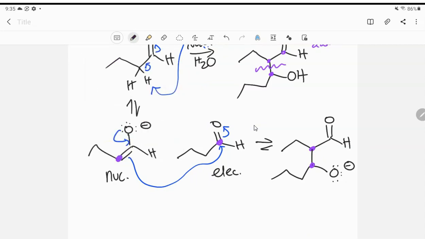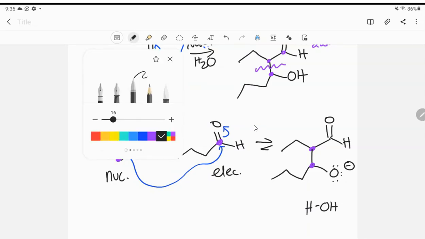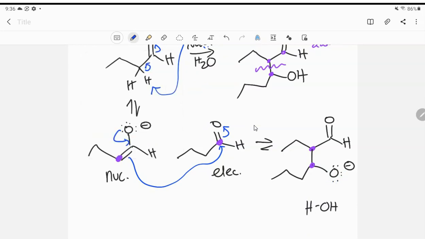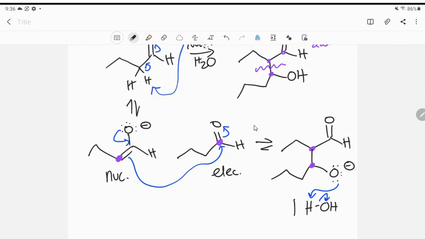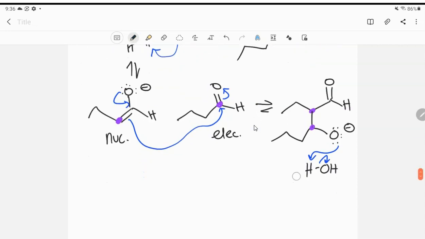We have water nearby, so that would be a good choice. So we regenerate our base catalyst, and I think this is technically still equilibrium, we end up with our product.